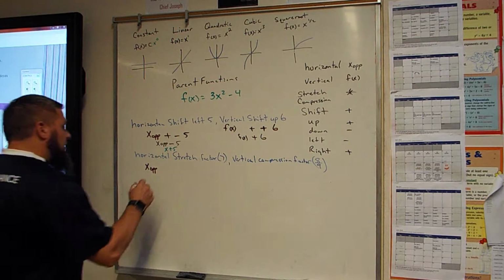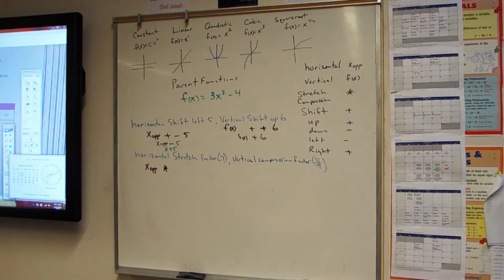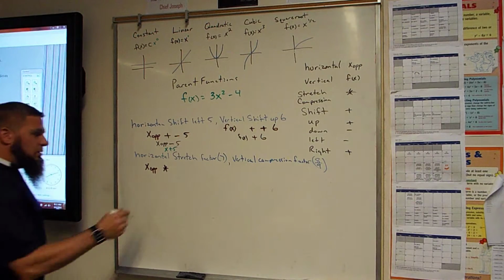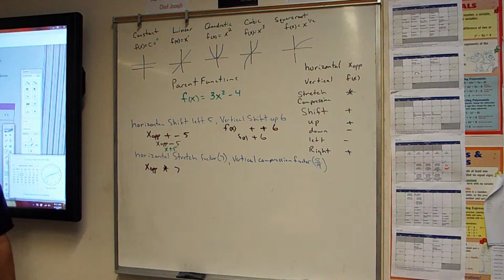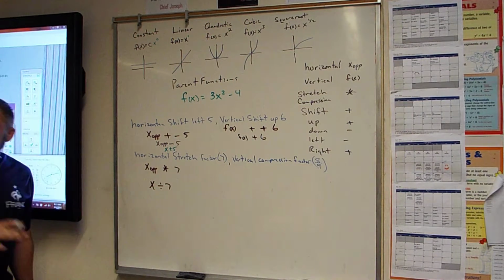Very good. Okay? And then a factor of 7 just means 7. So you're just taking, what's the opposite of multiplying by 7? Dividing by 7, or multiplying by 1/7. You can do x divided by 7, right?